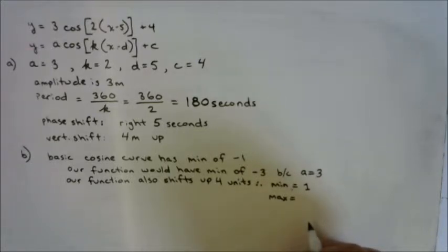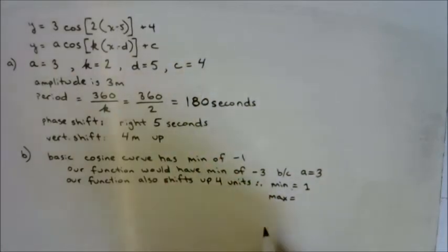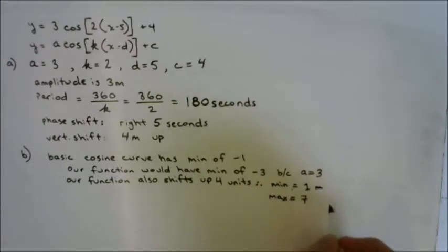We stretch it by 3 and then move it up 4. Well, 1 times 3 is 3. A gives it a vertical stretch, so we vertically stretch it up to 3, and then we add 4. Okay? So the min is 1 meter, the max is 7 meters.